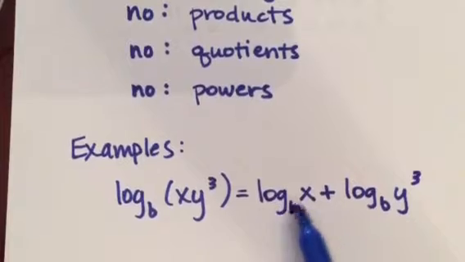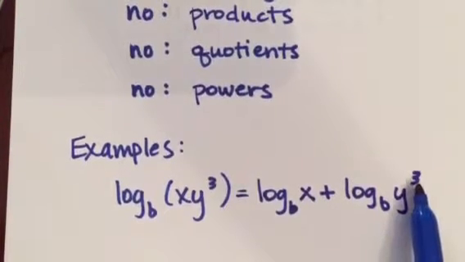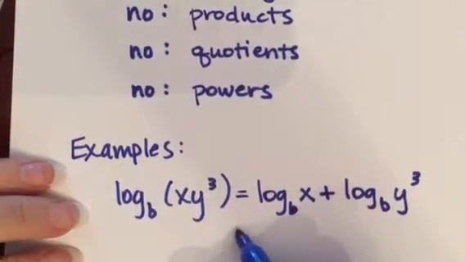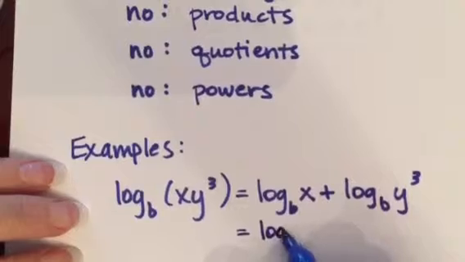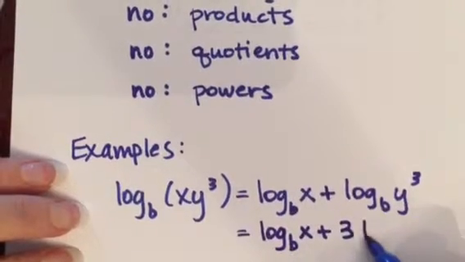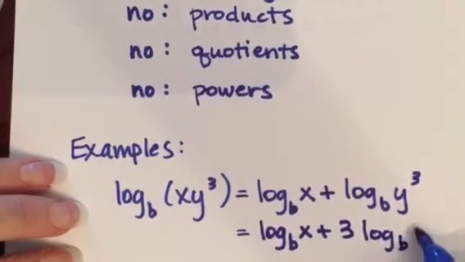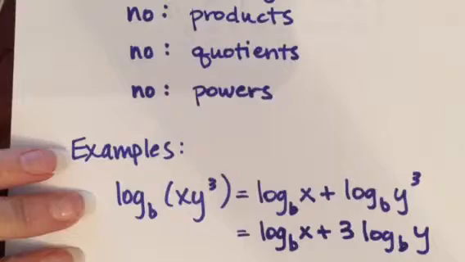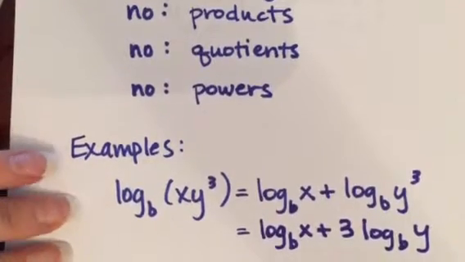And here we do not, yet here we see a power. So here we want to apply the power rule and bring that 3 up and let it function as a coefficient. So log base b of x plus 3 times the log base b of y. And that will take care of that problem.